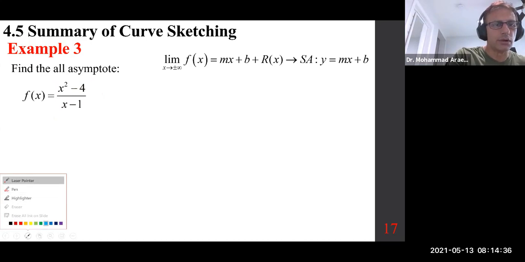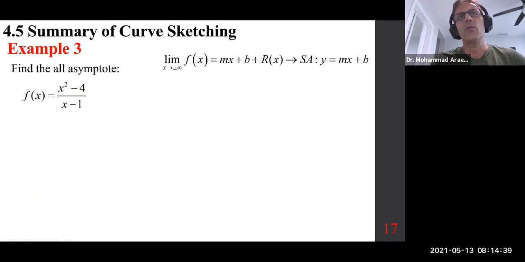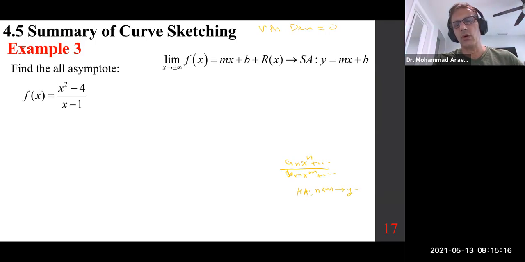So let me just quickly write this for you. For the VA, basically the denominator is 0. That is one easy way to do it. Now, if we happen to have a sub n x to the power of n, all the way over b sub m x to the power of m, then for the horizontal asymptote, if n is less than m, it's y equals 0.